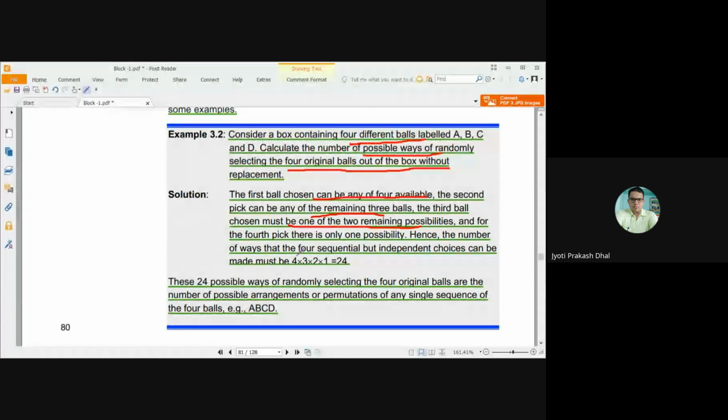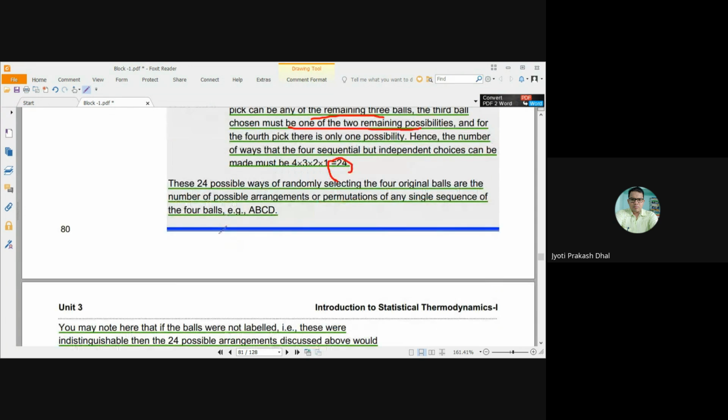Hence the total number of ways that the 4 sequential but independent choices can be made must be 4 into 3 into 2 into 1, that is equal to 24. That means these 24 possible ways of randomly selecting the 4 balls are the number of possible arrangements or permutations of the 4 balls A, B, C, D.